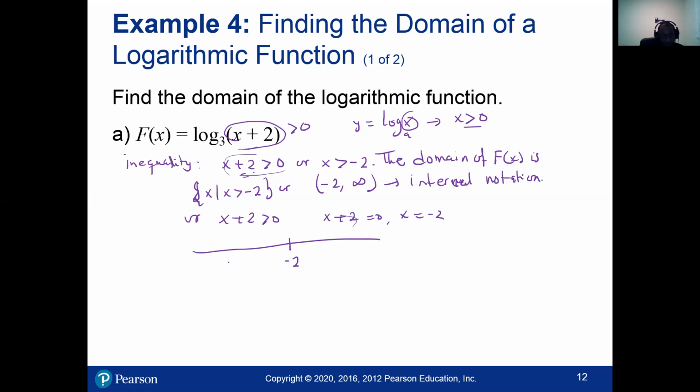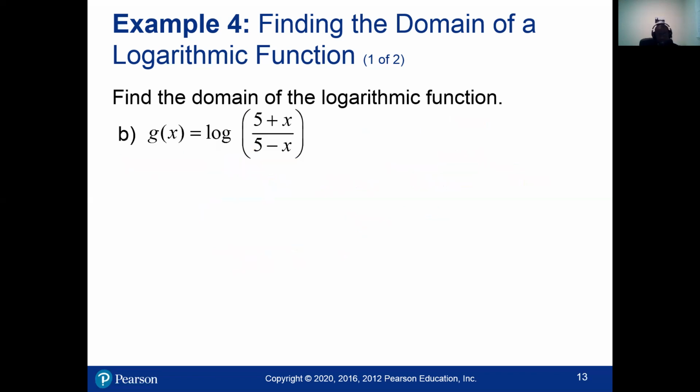Let's use -3 on this side and 0 on the other. If you plug in 0, 0 plus 2 is positive, so this side is positive, and -3 plus 2 is negative. So only this part will satisfy the inequality. We did solving inequalities in chapter 3 and chapter 4.